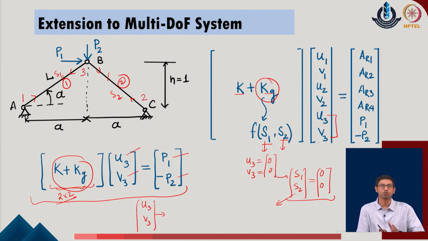Now, this is very similar to what we do in the Newton-Raphson method. In fact, this is the Newton-Raphson for the multi-degree of freedom system. I obtain the first value of u3 and v3 by considering the value of K plus Kg with respect to the initial values being 0. Once we have got these values, I realize that corresponding to these u3 and v3 values, the internal member forces S1 and S2 are not constant, they are not the 0 values. So, as a next step, I again re-evaluate the member forces in the given system. Now, they come out with different values, say S1 and S2.